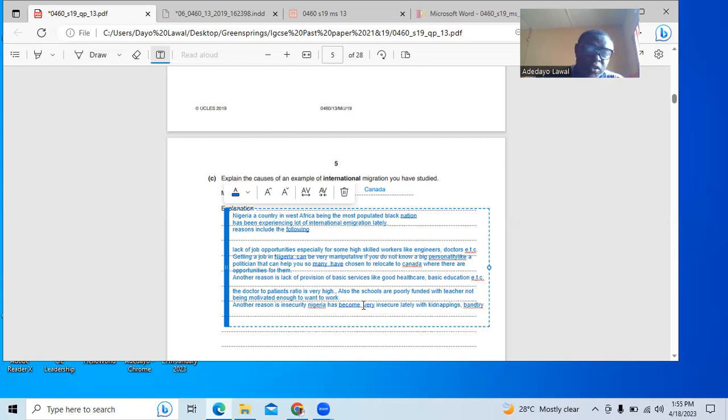This is a case study, so mention all these things. These are reasons people are running away from Nigeria. Banditry, terrorism, on the increase.